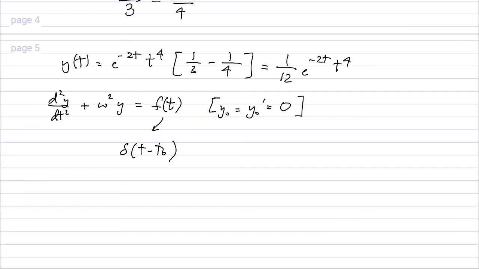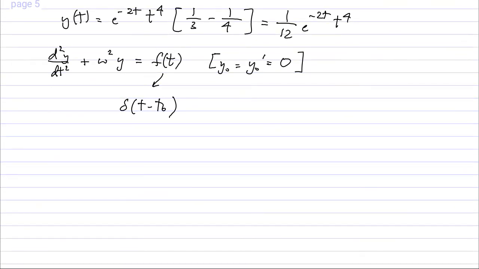Now you might say that is unphysical, but you can model your driving term by a Dirac delta function very well in many scenarios. For example, consider you have a ball and you kick it. Of course your foot is in contact with the ball for a very short time, and the force that you exert on the ball is quite large during that short time.